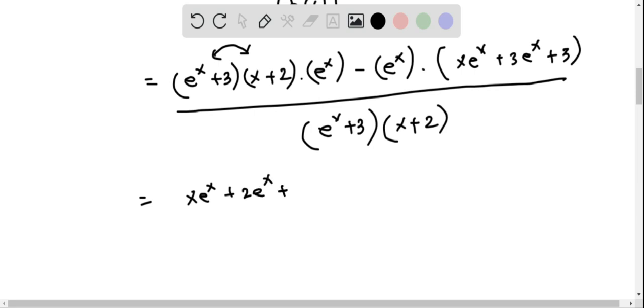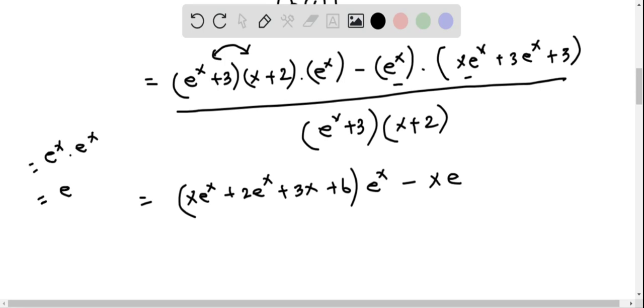Then 3 times x is 3x, 3 times 2 is 6. Now I can distribute this e power x into the terms inside the brackets. So e power x times x e power x is x times e power x times e power x, and this equals e power x plus x, which is e power 2x.